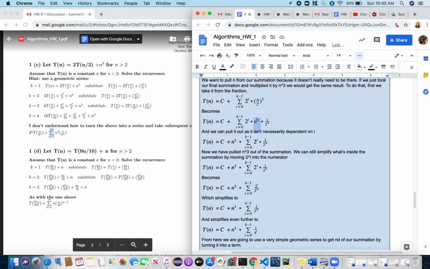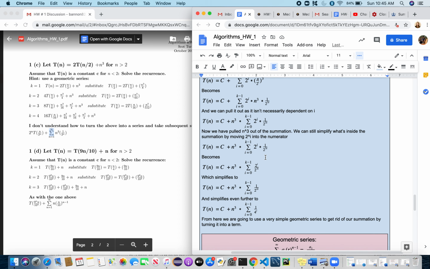And from here, it's obvious, well, we can just pull this out now. The two that need to stay in are the two that are connected to i, they're dependent on this summation. So pull n to the third out, and now we have these two left in our summation.